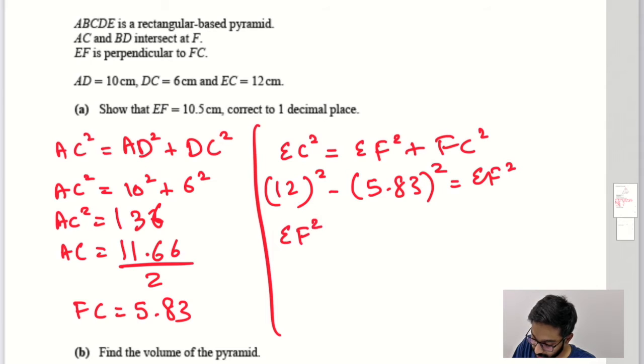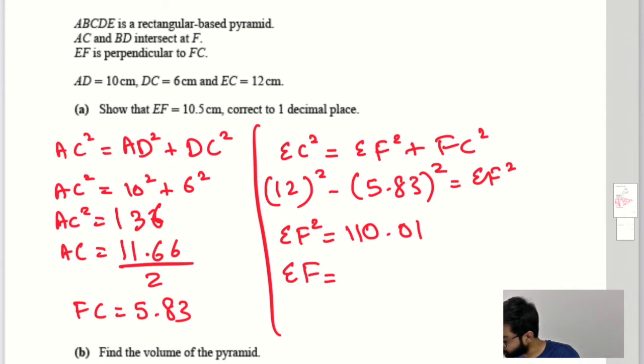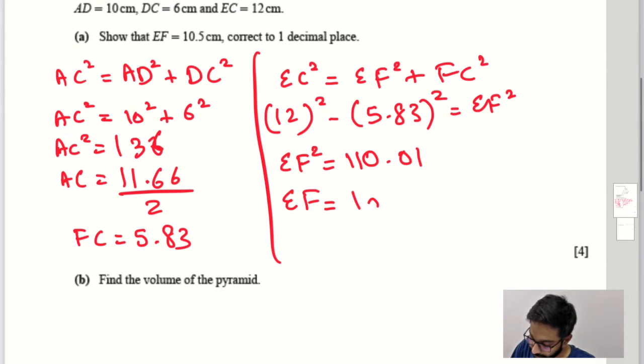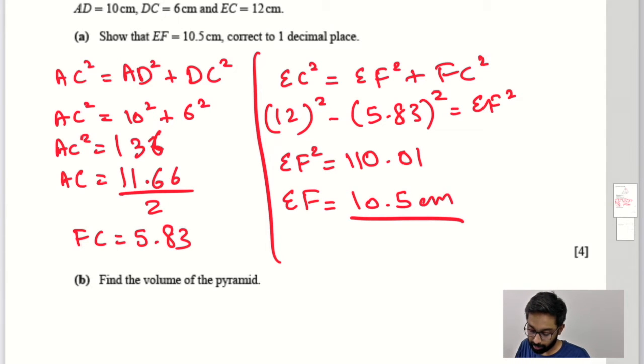So EF squared comes out to be 110.01. So EF comes out to be 10.5 centimeters. Hence, we proved the first part of the question.